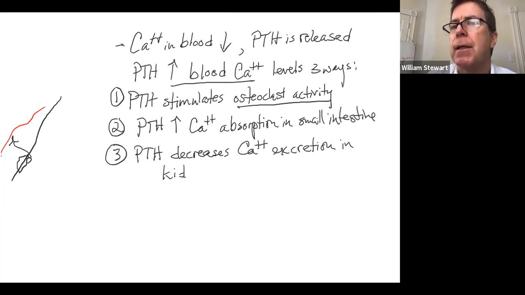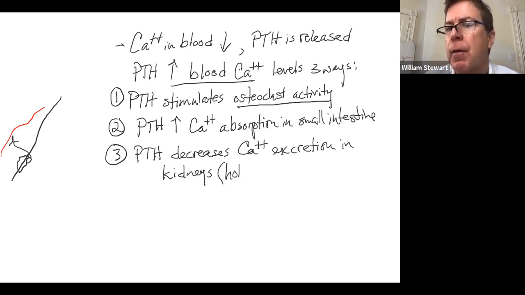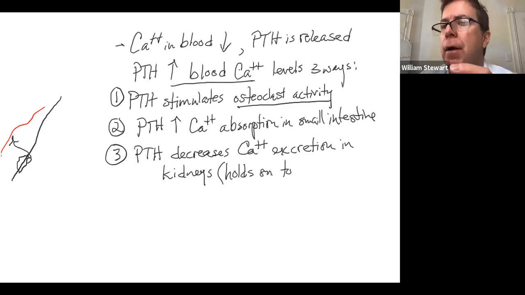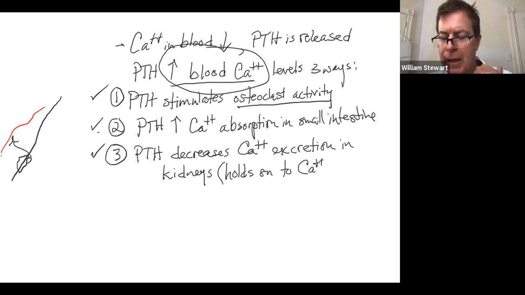What that means is it tells our kidneys not to release calcium in our urine. It gets reabsorbed into our blood, so it holds on to calcium so that we don't excrete it in our urine. That also helps increase the blood levels of calcium. So these are the 3 ways PTH increases blood calcium levels.